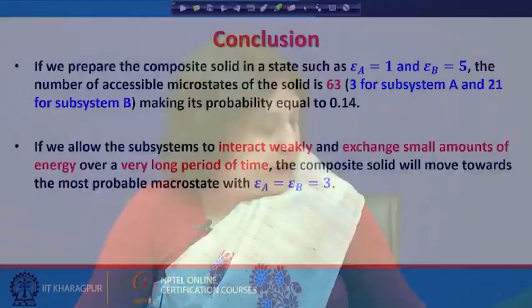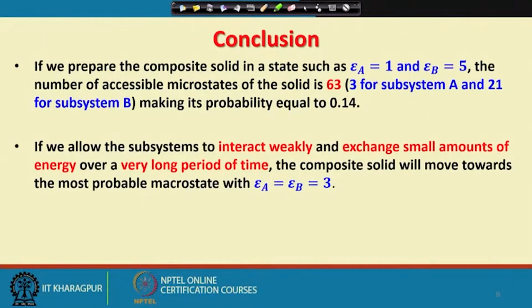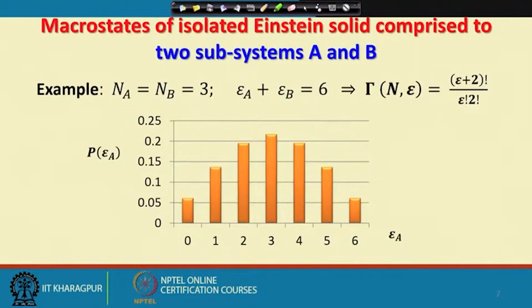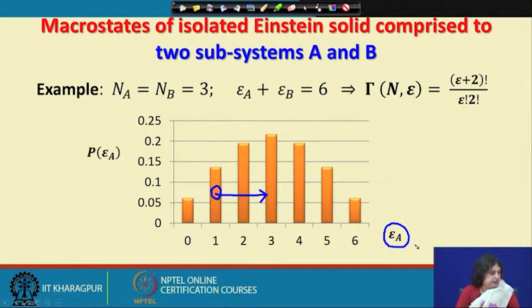Now, if we go back and look at the probability distribution once again for the system that we are talking about, all we are saying is, if I start from a system like this, then as the system is allowed to exchange energy, I am going to go spontaneously in this direction, increasing epsilon A and obviously decreasing epsilon B at the same time.